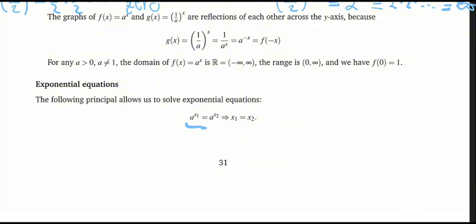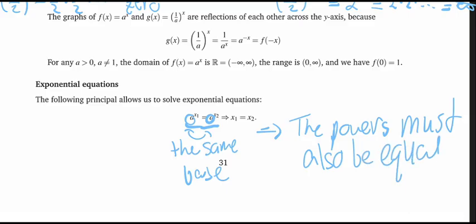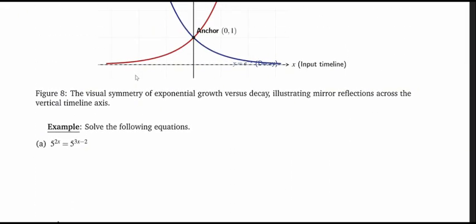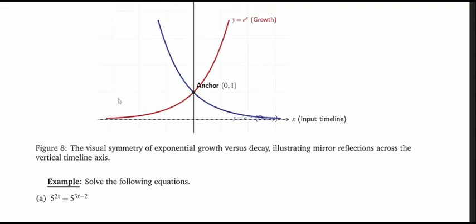So if I have an exponential equation where the 2 bases are the same, then the powers must also be equal. That's the idea. Good. And here are the graphs for reference, but with an e, it doesn't really matter. I'll talk a bit about this after this.